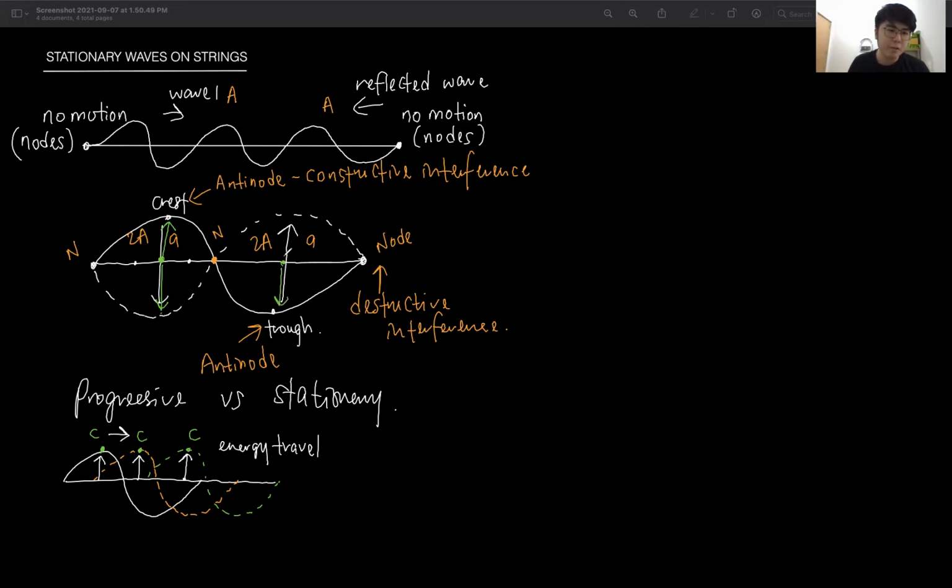All the particles here stay stationary, so the crest is not traveling. What happens to the energy in stationary waves? If the wave is not traveling, then the energy is stored. In this one energy travels, in this one energy is stored.